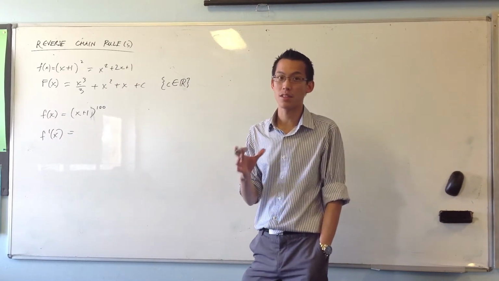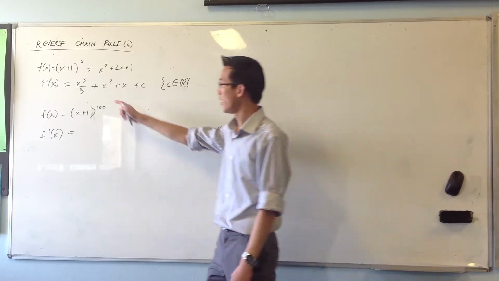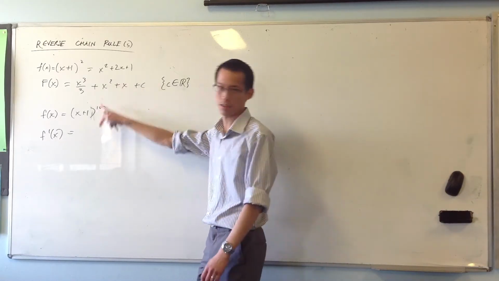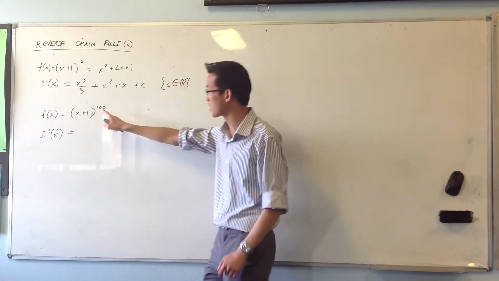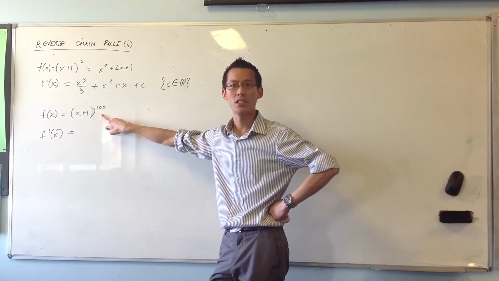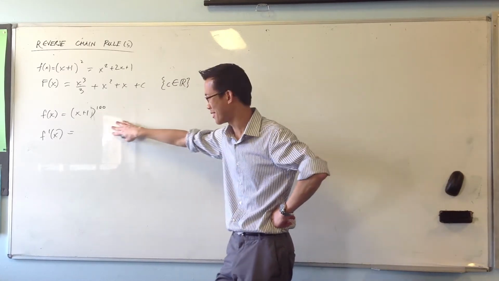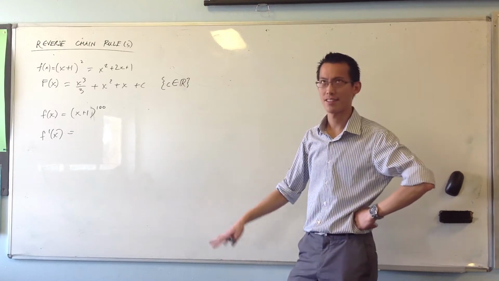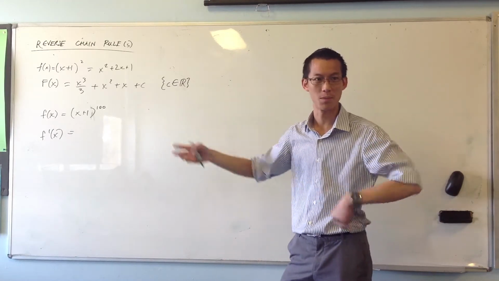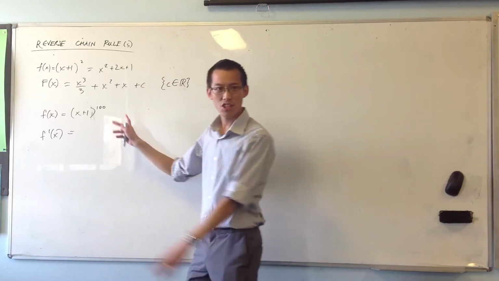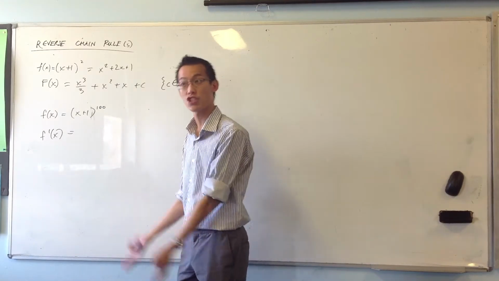We want to be able to do this in a way which avoids the expansion. Expansion is super inefficient as this power goes up, because this expansion is going to have 101 terms in it. So it's going to go really, really long, and then you've got to anti-differentiate every single one. So that's a pain.